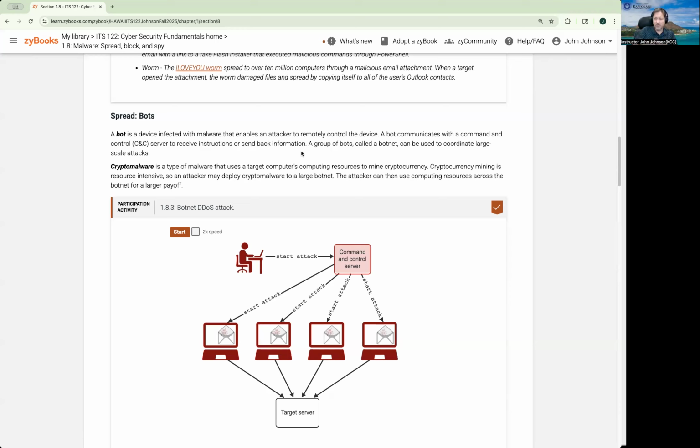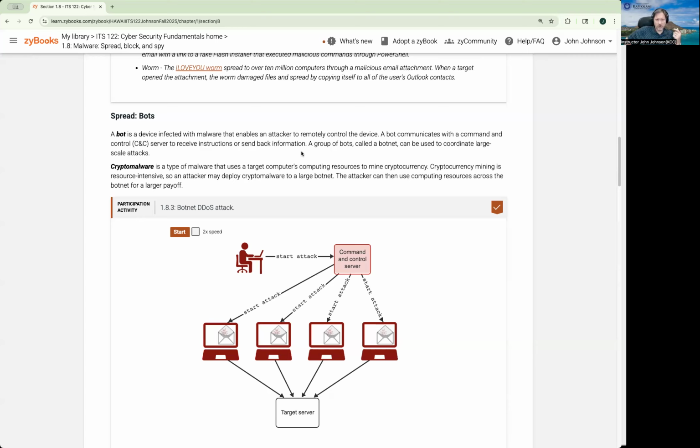And that fraction of the coin may or may not actually pay for all the wear and tear on your computer plus the electricity it takes to do all that work to get that amount of cryptocurrency. So one thing that you can do to make it more economical is to have a botnet that essentially does the cryptocurrency mining for you.